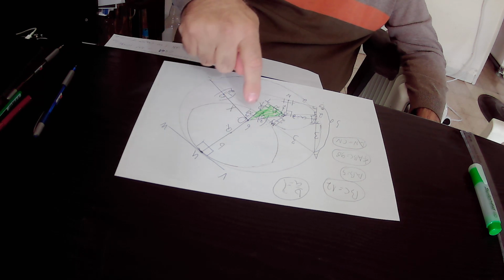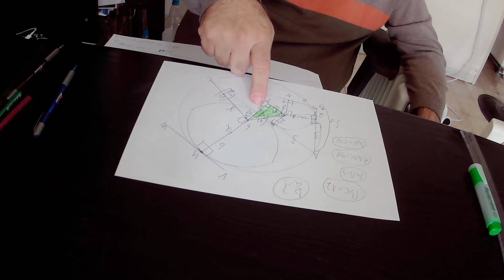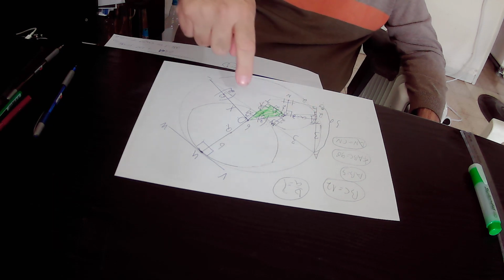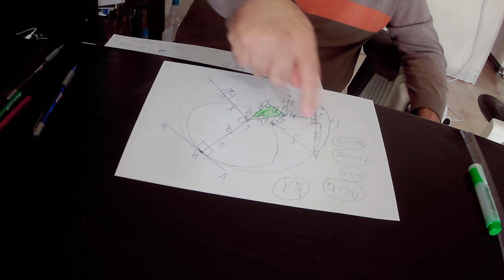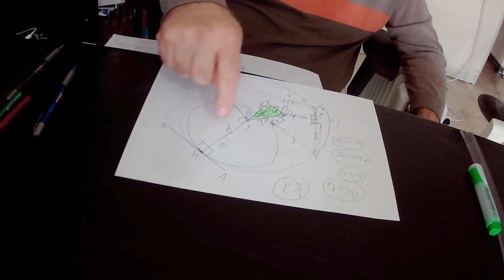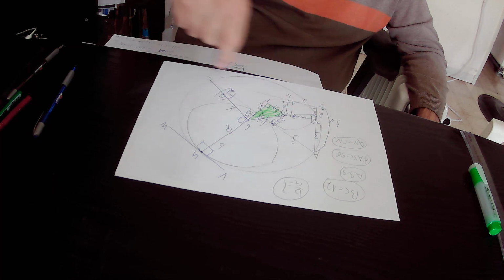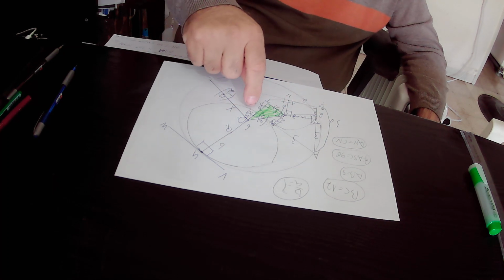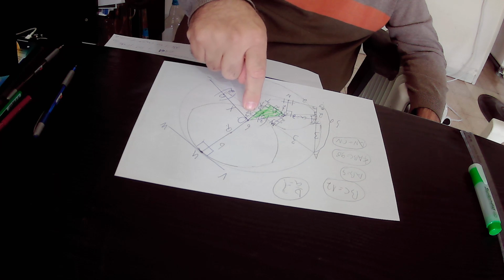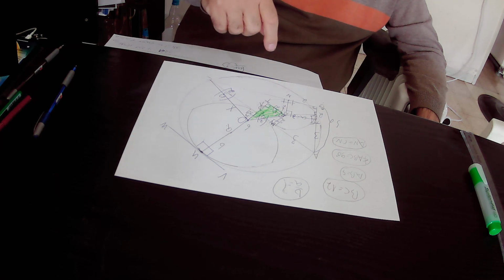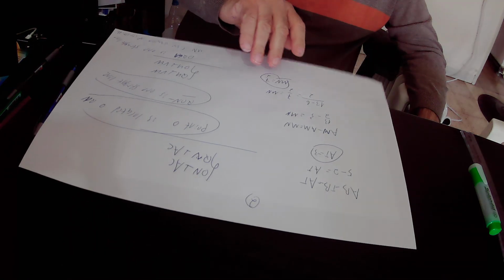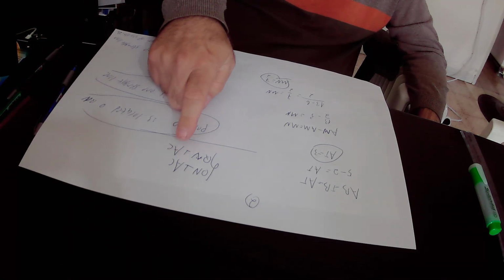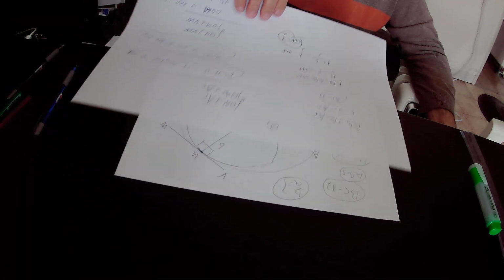The radius QN is drawn to point N, that is the point of tangency of tangent AC with this circle, and whenever we have a radius that is drawn to the point of tangency, then tangent AC will be perpendicular to the radius NQ. If AC is perpendicular to NQ, it means that this angle equals 90 degrees and this angle equals 90 degrees. So we can write down that QN is perpendicular to AC according to rule number 1.